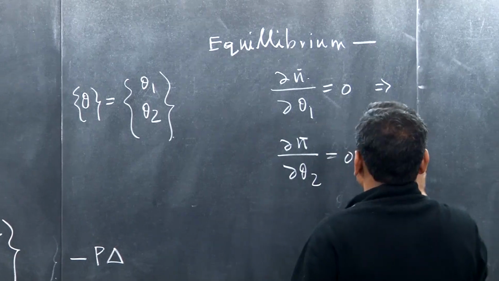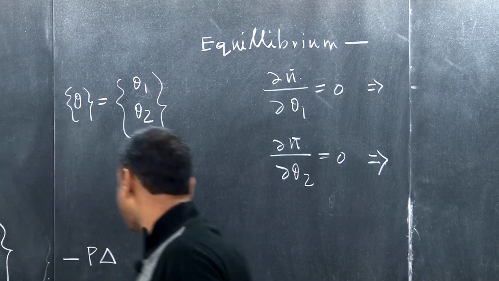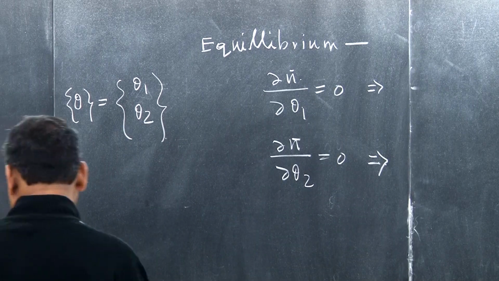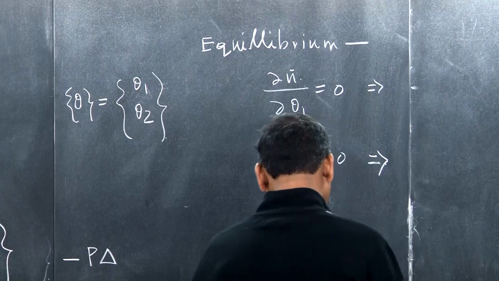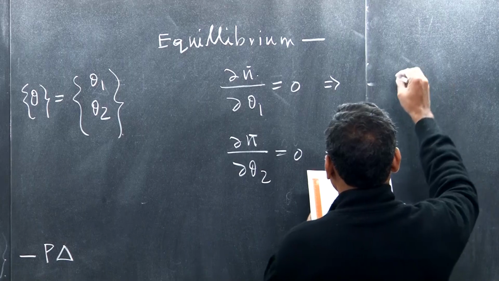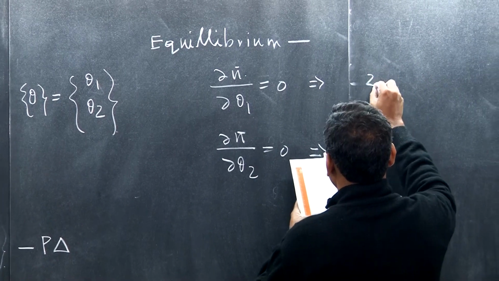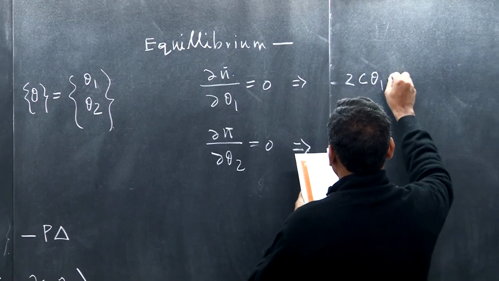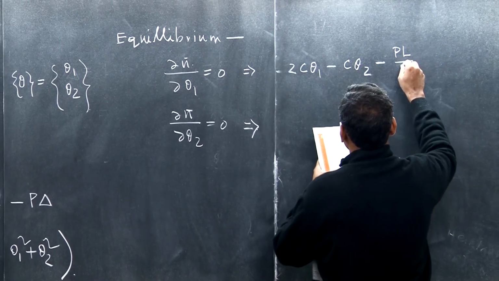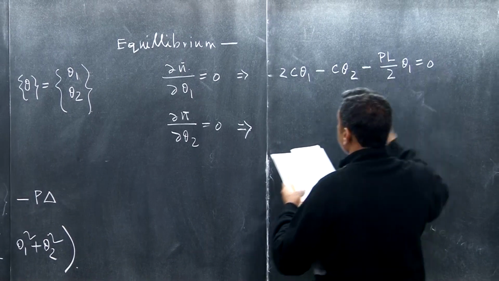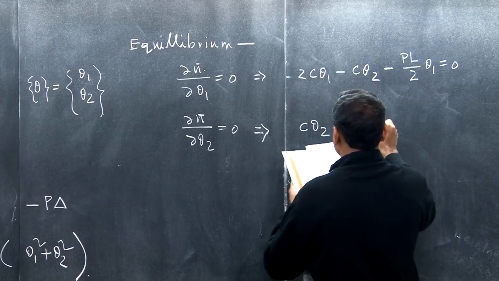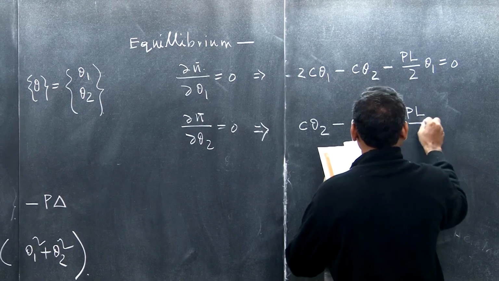If you differentiate this pi with respect to theta 1 and theta 2, you will get the simplified equations. The first equation will be 2 c theta 1 minus c theta 2 minus PL by 2 theta 1 is equal to 0, and the next one is c theta 2 minus c theta 1 minus PL by 2 theta 2.